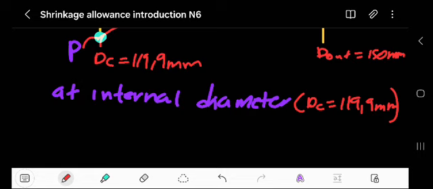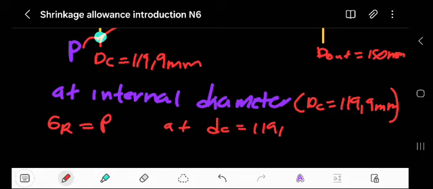So the radial stress, we have called it P, which is P megapascal. We don't know that. We are working at this diameter so far.